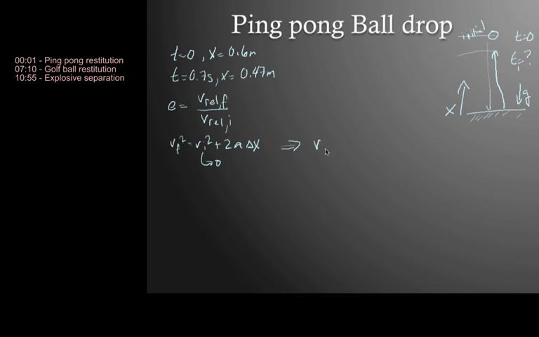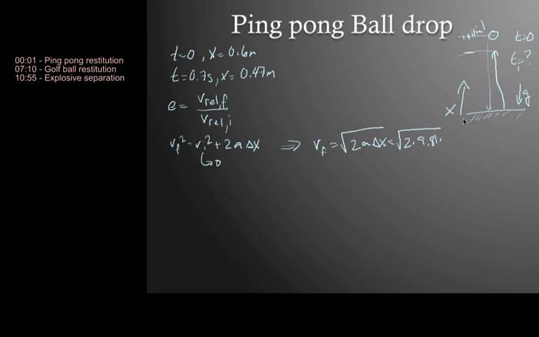So we're going to end up with v final being the square root of 2a delta x, which is the square root of 2 times 9.81 times delta x. In this case, both g and delta x are negative because you start here and then go down here.